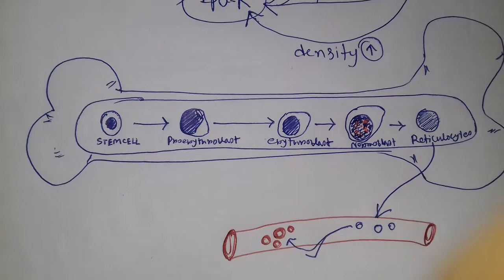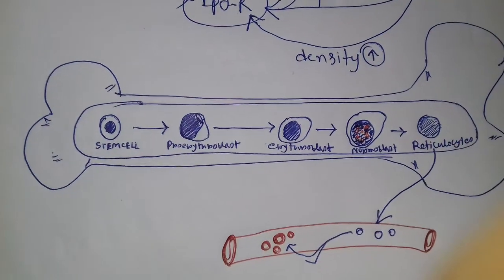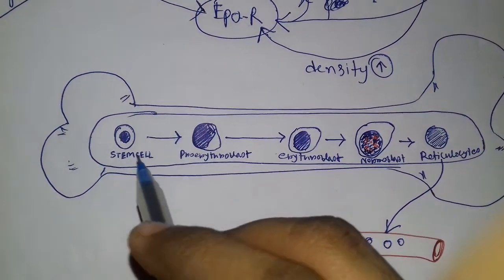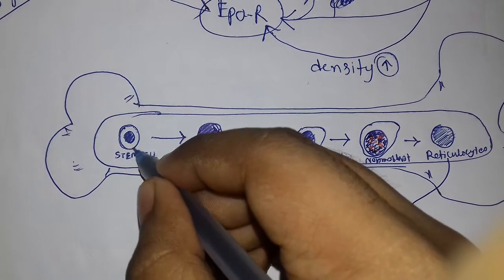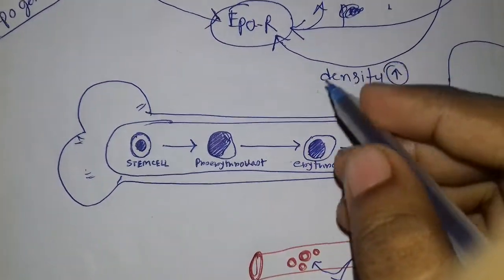So this is the picture of a bone, and this is the medullary cavity and the bone marrow. We can see these are the erythrocyte cells, and this comes from the stem cell. Now here we are going to discuss the effects of erythropoietin.